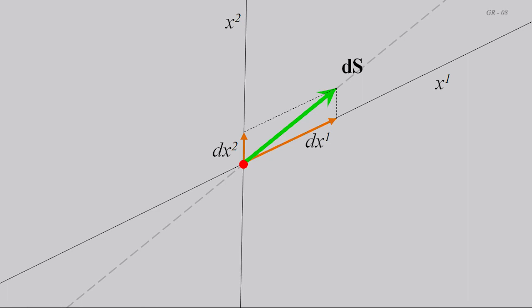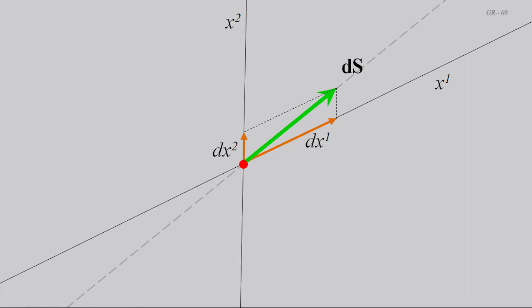I should stress that in this diagram, ds is a vector, and the orange arrows here are its two vector components, but dx1 and dx2 as written here are simply the size of those component vectors. They are the contravariant components or measured sizes of the components.